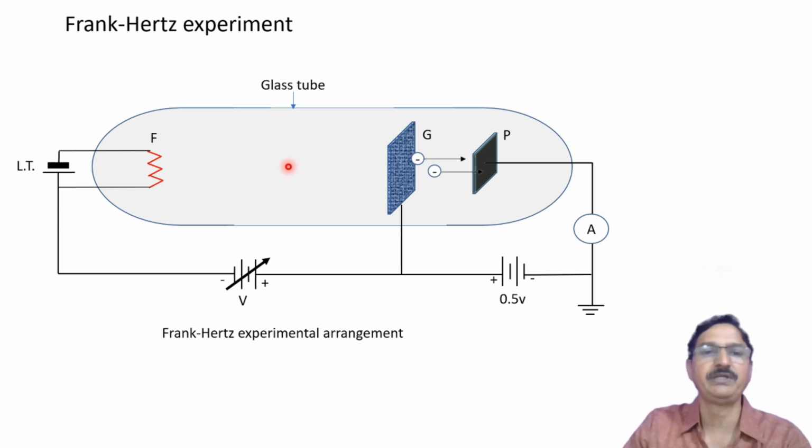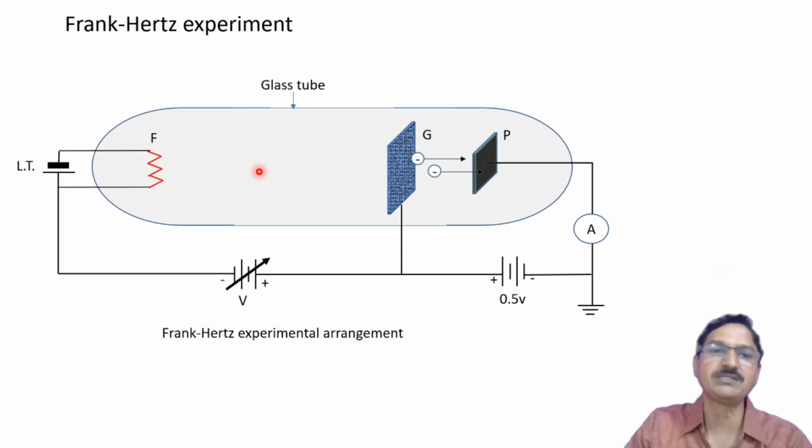At 9.8 volt, again the type of collision changes. The kinetic energy of the electrons emitted from this filament is so increased that they are able to knock out electrons from the mercury atoms.